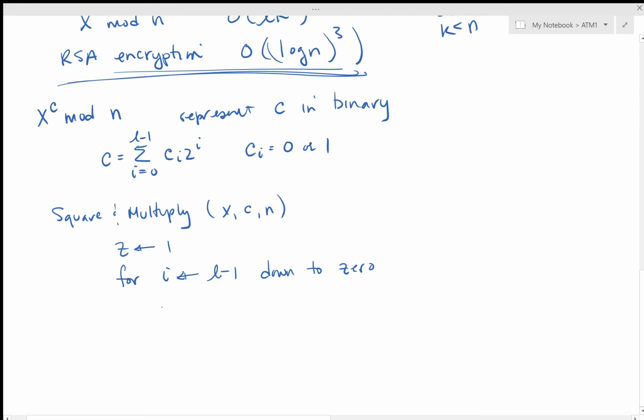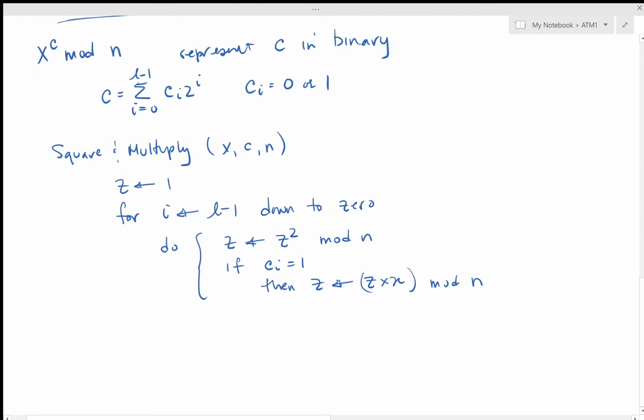Here's what we're going to do. Z is going to be set to z squared mod n. And then if c_i is equal to 1, then z will be z times x mod n.